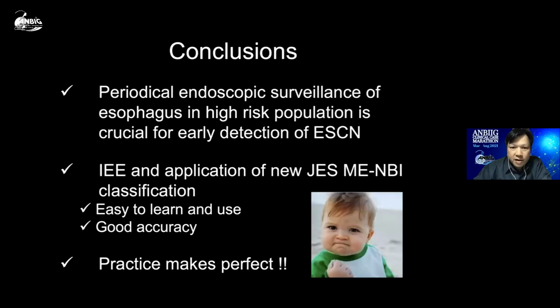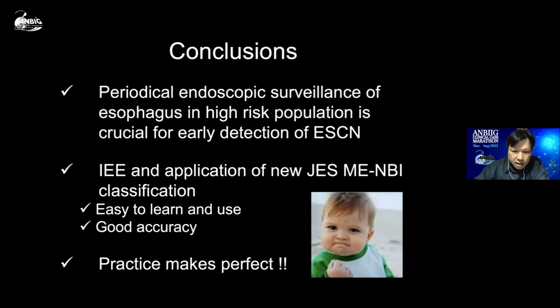So this is my final slide. I think periodical endoscopic surveillance of the esophagus in high-risk populations is crucial for the early detection of esophageal cancer. Using IEE and the new JES classification is easy to learn and use, and also has good accuracy, especially for type B1 and type B3.